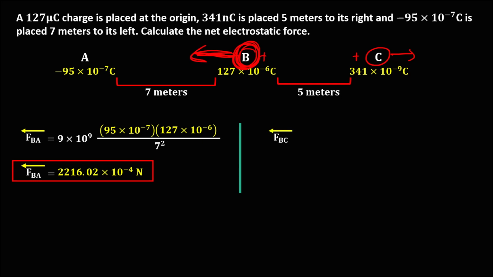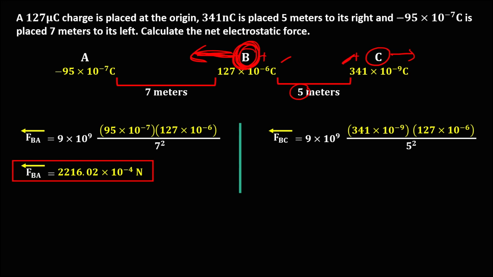Then we have k, times the first charge, 341 times 10 to the power negative 9, times the second charge, 127 times 10 to the power negative 6, then over the square of the distance, that's 5 squared.